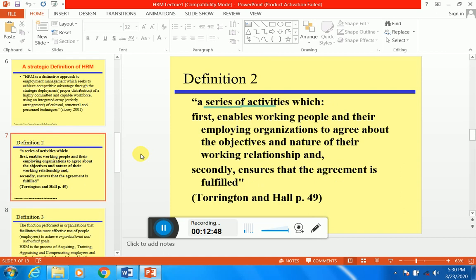After that, we have another definition of human resource management: a series of activities which first enables working people and their employing organizations to agree about the objectives and nature of their working relationships, and secondly ensures that the agreement is fulfilled.